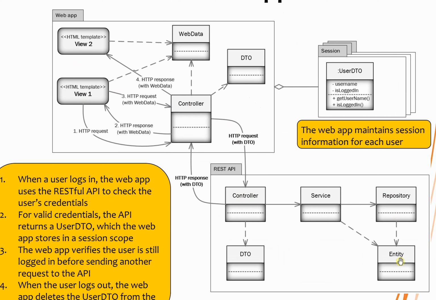The verification of the passwords can take place within the service, and if the credentials are correct, then the controller can send a data transfer object back to the web application, and that web application will then store the user information in its session. And in this way, we've avoided any session information being stored in the API. It's being stored by the client instead.